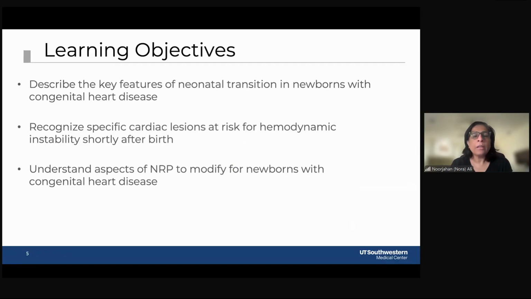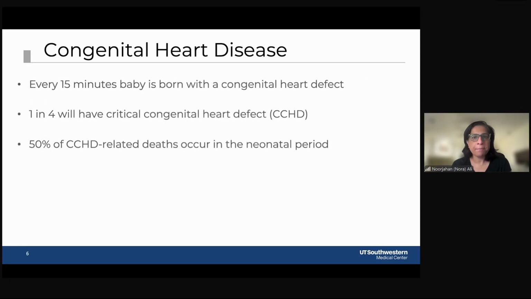We are going to begin with a quick review of neonatal transition in newborns with congenital heart disease, and specifically what are the lesions that are at risk for instability, and truly understand what part of the neonatal resuscitation program we need to modify when it comes to babies with congenital heart disease.